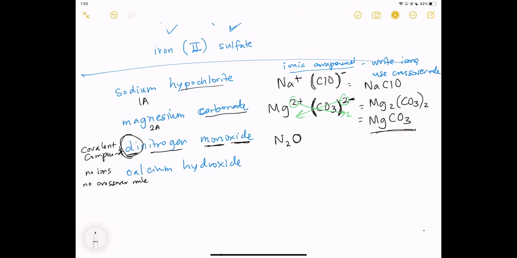Okay, so for the next example, calcium hydroxide, well, now you're back into the ionic compound territory. I don't see any Greek prefixes, but I do see this hydroxide, which is on the polyatomic ions list. So this would be calcium, which is also a metal. So anytime you have a metal that's on the left side of the periodic table, it's going to be metal plus non-metal.